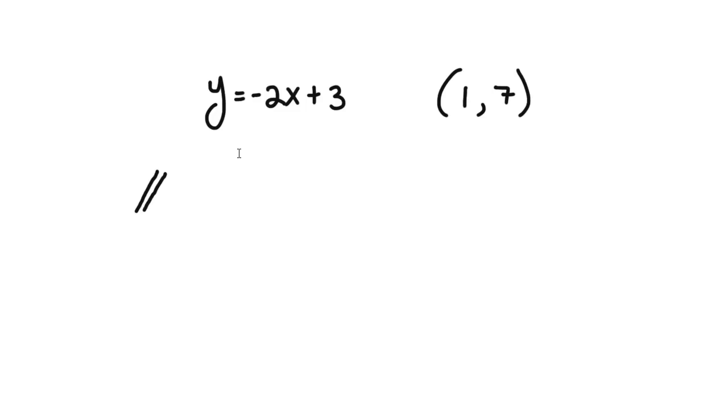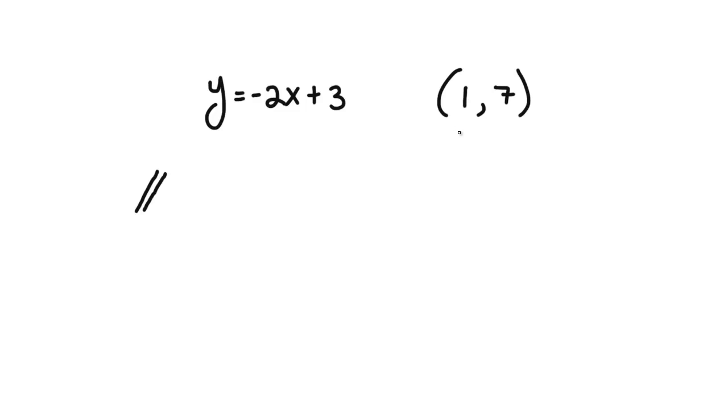Alright, so let me show you how to write the equation of the line that is parallel to this line here. So we have y equals -2x plus 3, and we want to write an equation of the line that is parallel to that line and also passes through this point (1, 7).